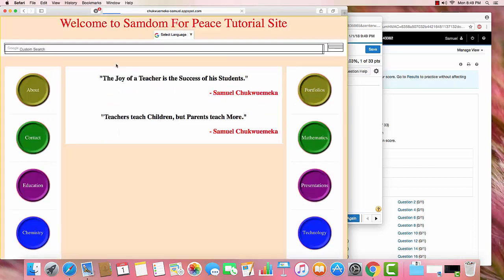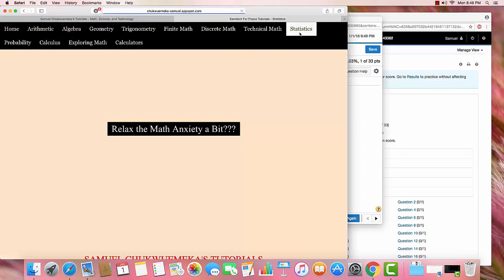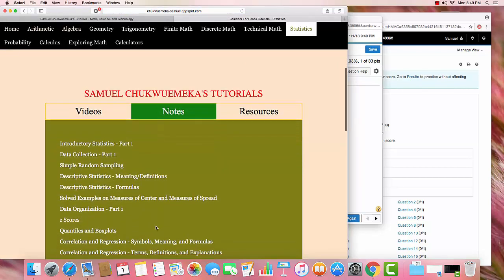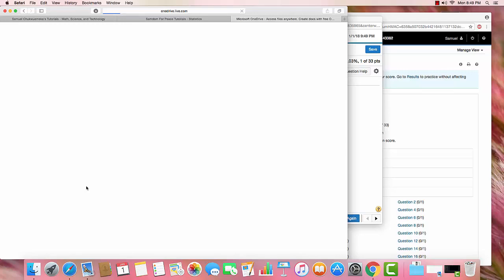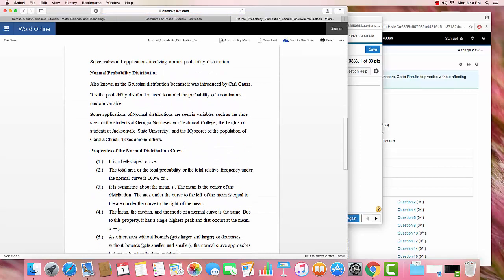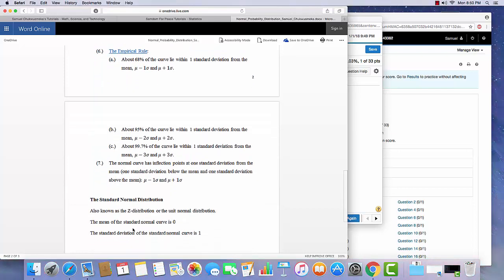I'll click on my site, mathematics, statistics, notes. So you go to normal probability distribution. One of the properties of the standard normal distribution is that the mean is 0 and the standard deviation is 1.